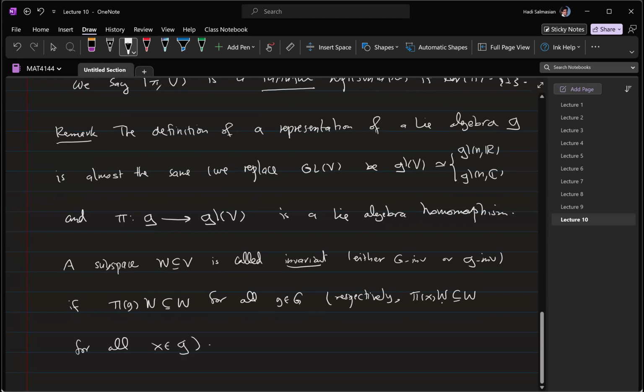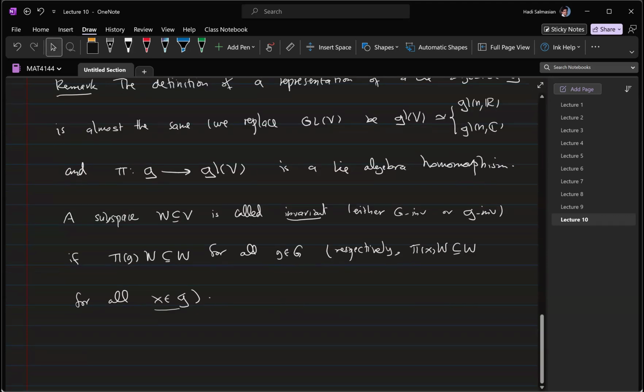So if you're talking about the Lie group representation, the condition for invariance would be this for all g in G. And if it's for a Lie algebra representation, it's essentially the same thing, but this time the argument comes from the Lie algebra. Now you see that previously, when I talked about the derivative of a Lie group homomorphism, not just into GL(V), I used capital phi and lowercase phi.